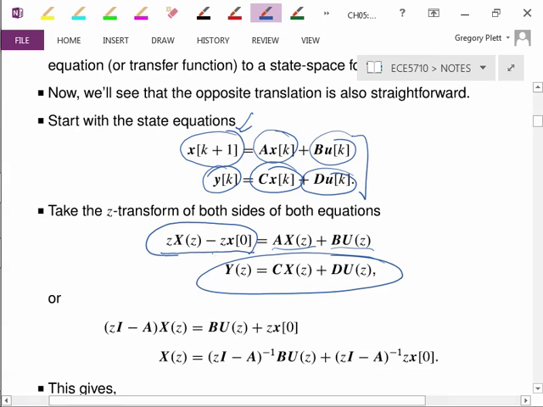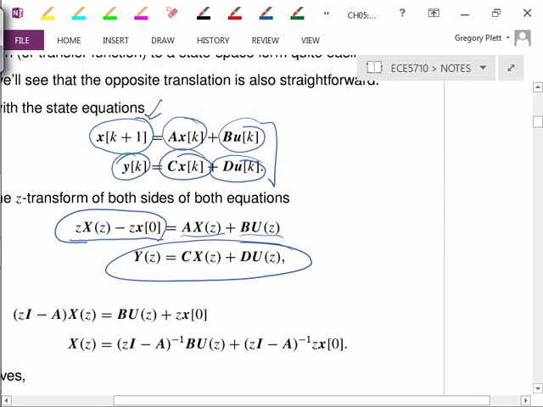So in the first equation, I am going to bring all of the x variables to one side, and I would have z times x of z minus A times x of z equals B times u of z plus z times x of 0.